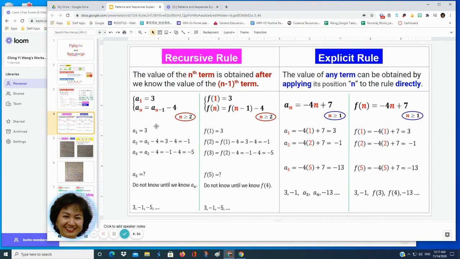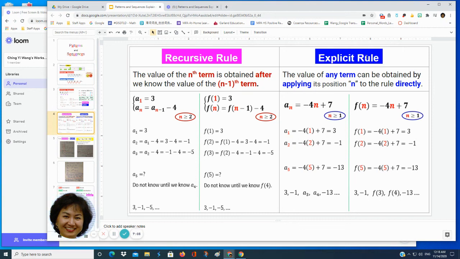That's how we find our sequence. If it's function notation, you do it the same way. You just have to say f of 1 is your first term and f of 2 is your second term, and that second term equals the first term minus 4, because in this given example, your common difference is negative 4.